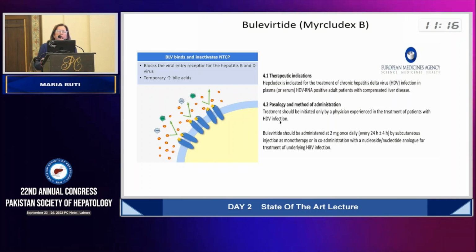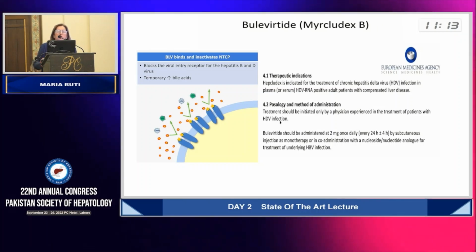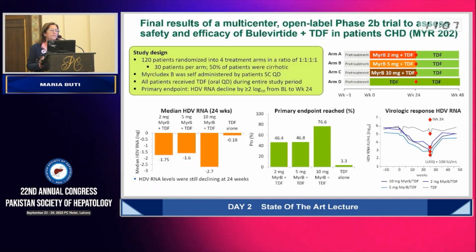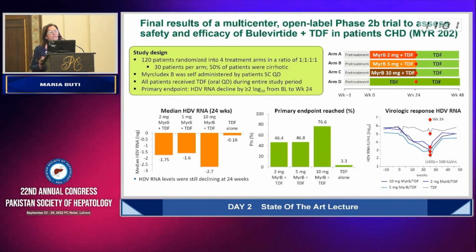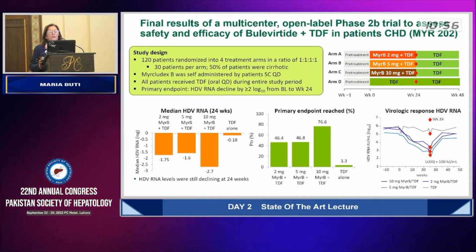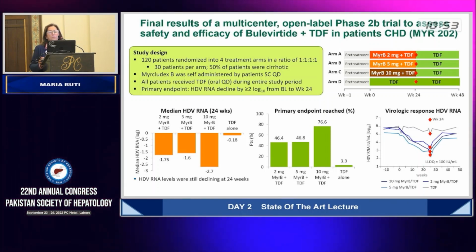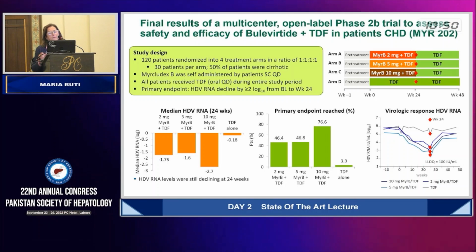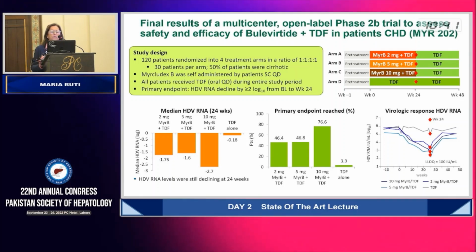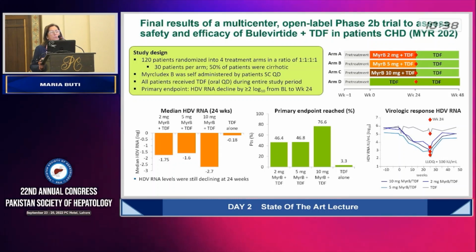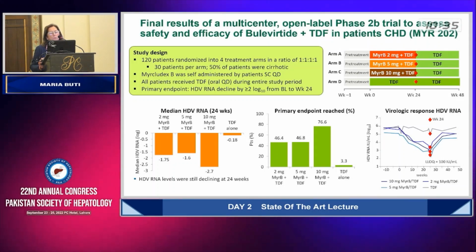This is a very unusual indication because it was based on the results of phase 2 studies, and this is the phase 2 study that allowed this conditional approval. It's a study performed in 120 patients. These patients were randomized into 4 different arms to receive Myrcludex, bulevirtide, plus TDF at 3 different doses, 2, 5, and 10 milligrams, and there was a control arm with TDF for 48 weeks, and then patients were followed for 1 year.